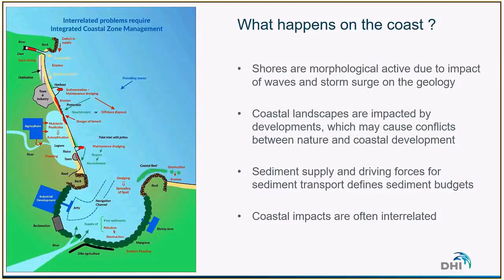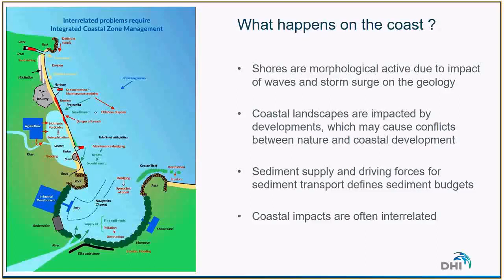And shores are active due to the impact of waves and currents and storms on the geology. And as we will see later, the coastal landscapes are also impacted by the developments, which may cause conflicts with the nature. It is important to keep in mind that all these coastal impacts are very often interrelated.